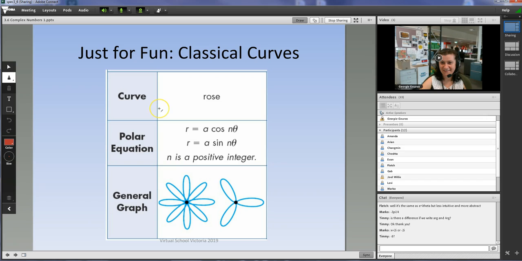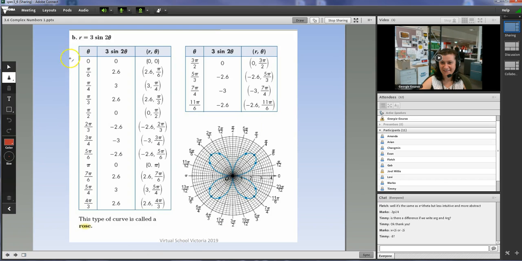But for those of you who like looking up things and playing around with your mathematics, you can actually make all sorts of interesting graphs using polar form numbers. So you can make a rose, for example. So let's have a look here. So here's a rose: r equals 3 sine of theta. You can just change theta and you end up with all these lovely points here.